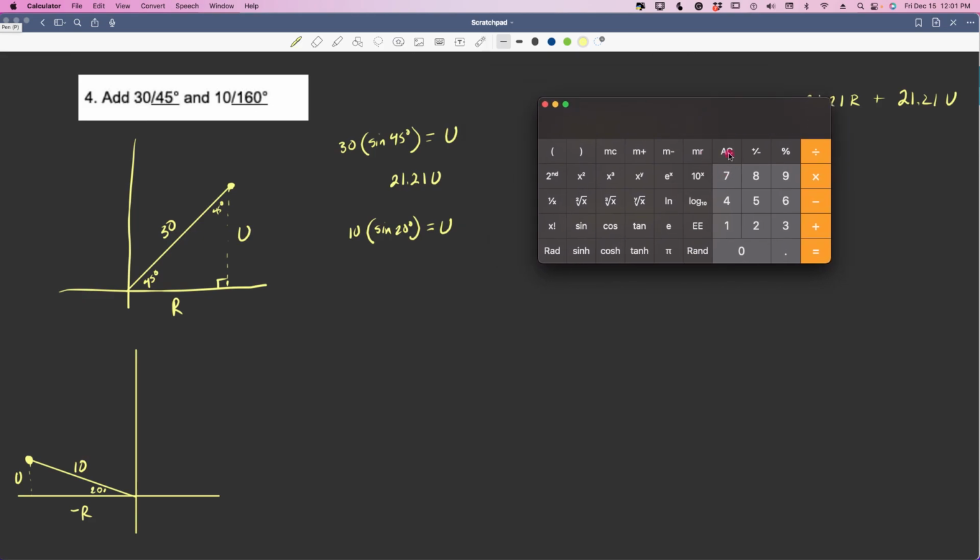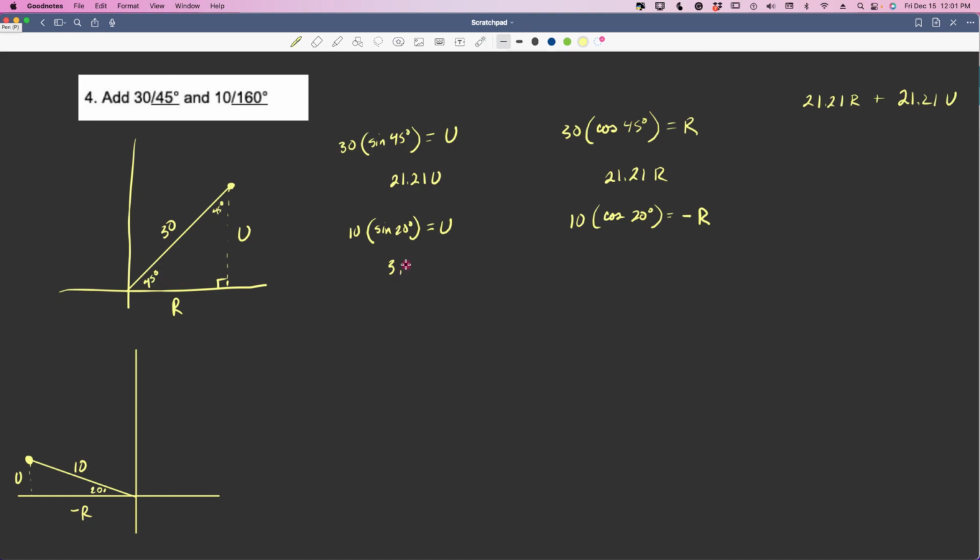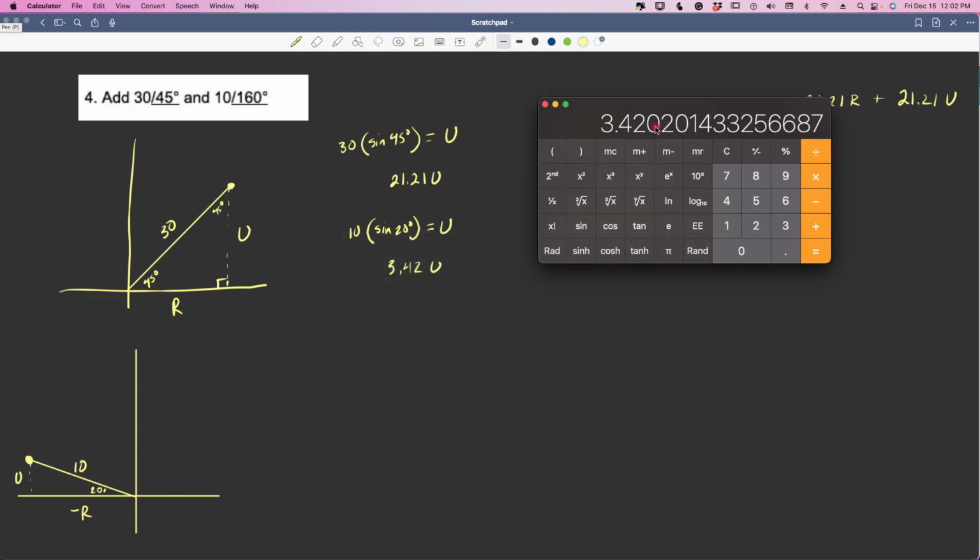So we do 20 degrees sine times 10, 3.42, so 3.42 u. And now we do the cosine bit, if I can remember to get the calculator part up.